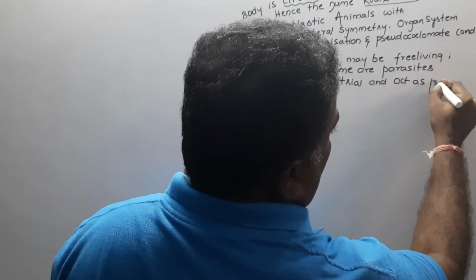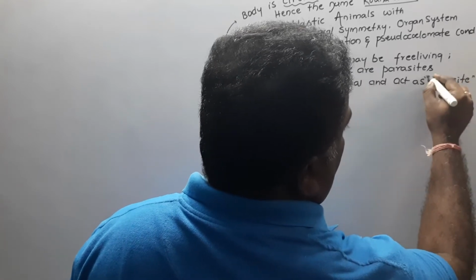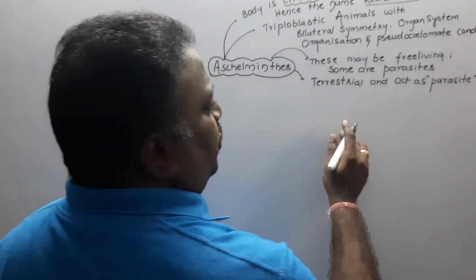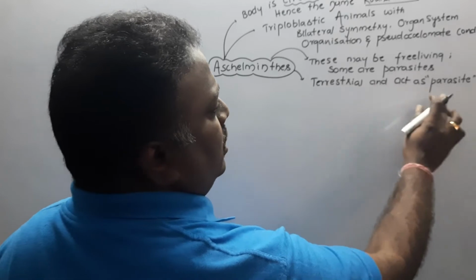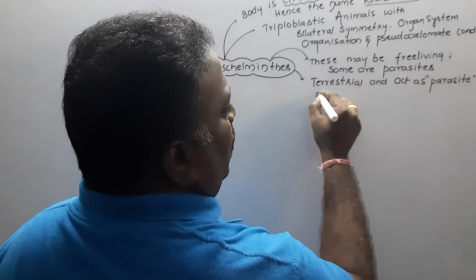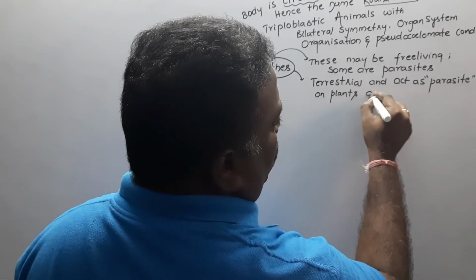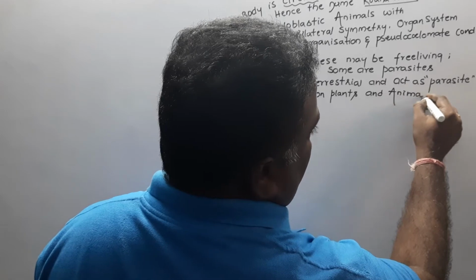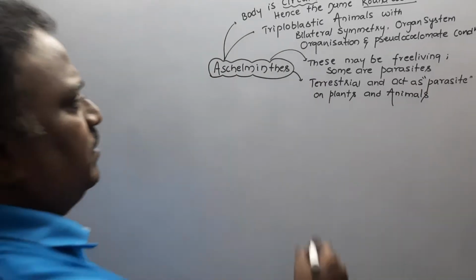And these are the worms which act as parasites. You know what is a parasite? The organism which lives on or inside the host body for nutrients and shelter is called a parasite. These are terrestrial and act as parasites on both plants as well as animals.